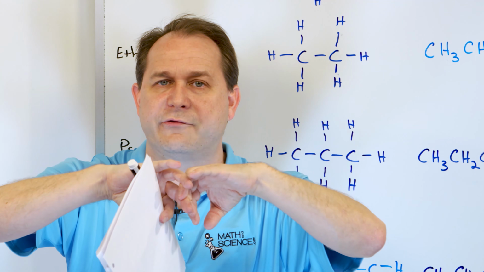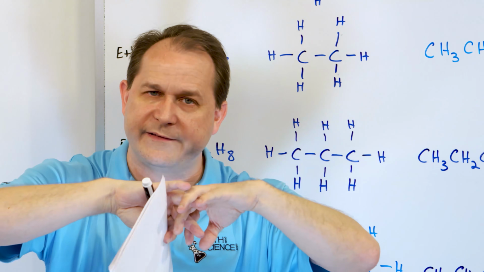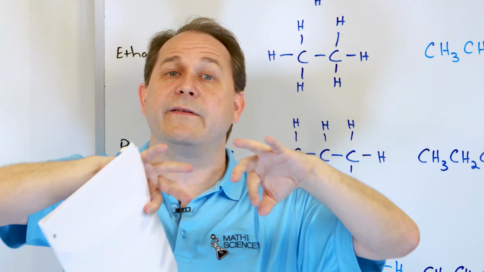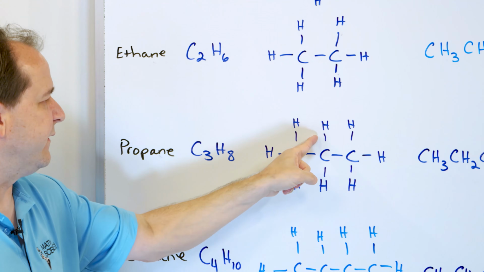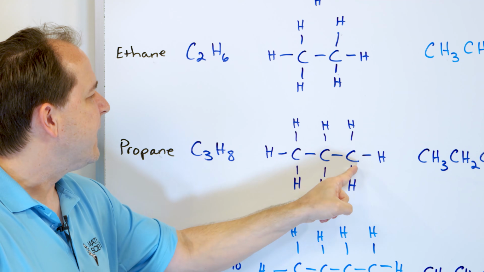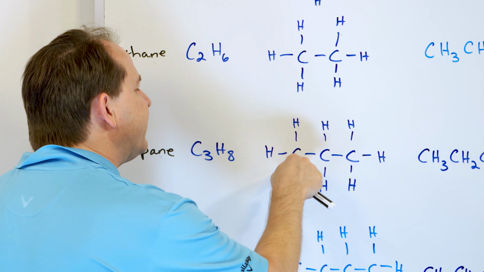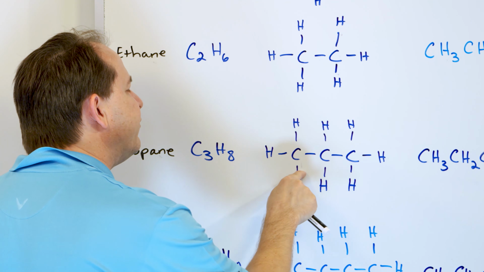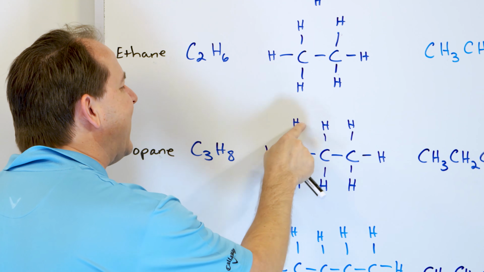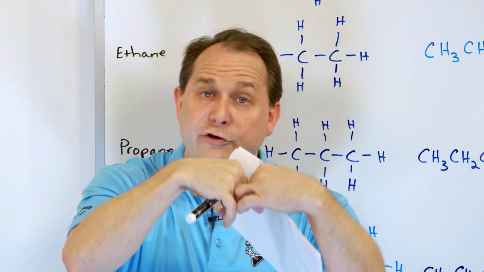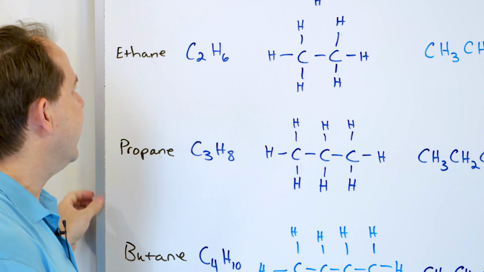Since they each want an extra electron on each of the bonds here, they partner up, and so they can each feel like they have 2 electrons here. Each of these lines, to the elements, feels like 2 electrons, because 1 electron's coming from the carbon and the other electron's coming from the hydrogen. So each little dashed line that we call a bond is like 2 electrons being shared there.